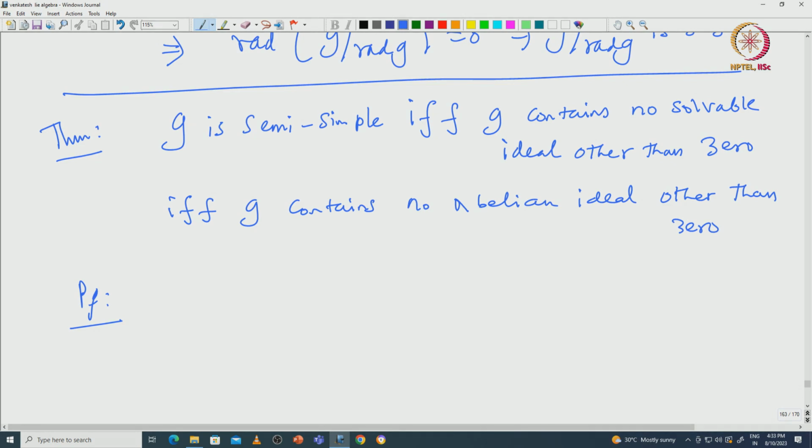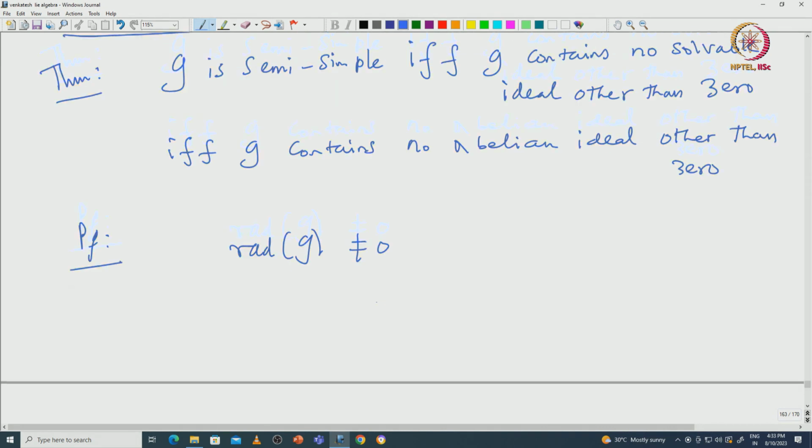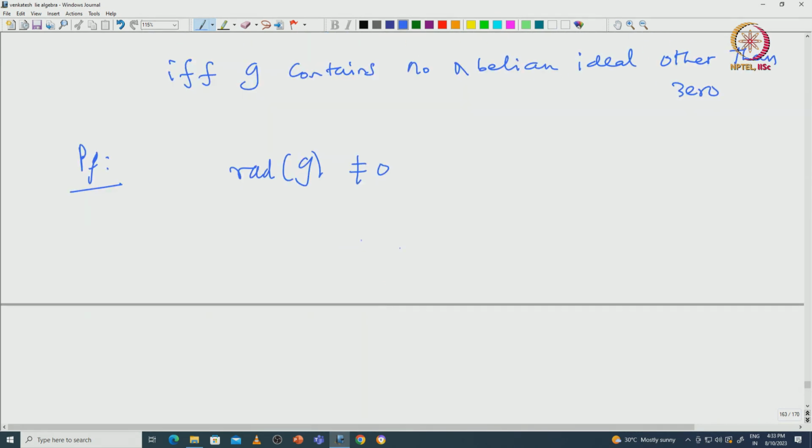Now, for the other direction, assume that G contains no abelian ideal other than 0. We want to prove that G is semi-simple. Suppose G is not semi-simple, then the radical is non-zero, but the radical is solvable. So, there will be some k such that radical G power k is 0, but radical G power k minus 1 is non-zero.